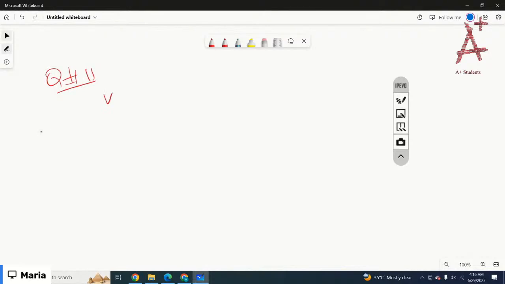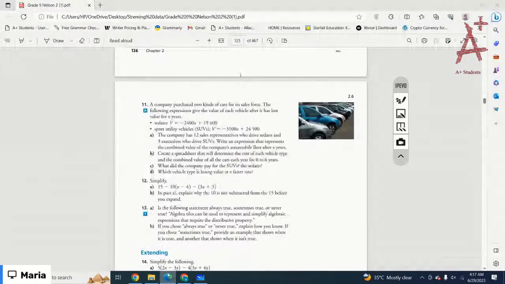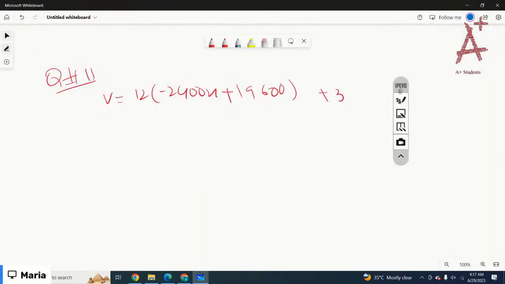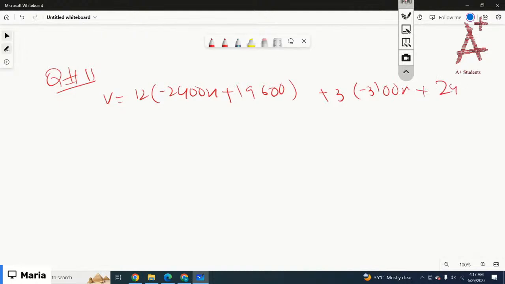So it would be V equals 12 times (negative 2400x plus 19,600) and plus 3 times (negative 3100x plus 24,500).